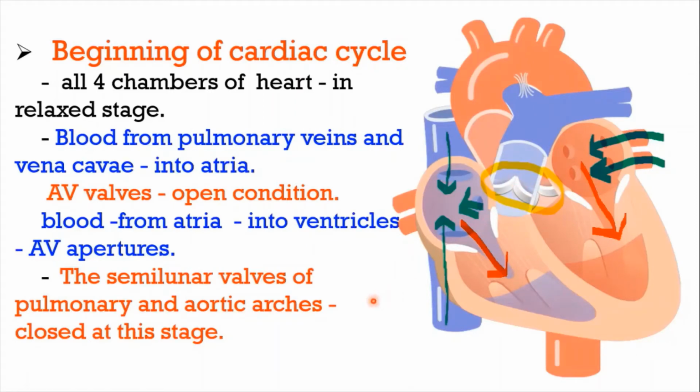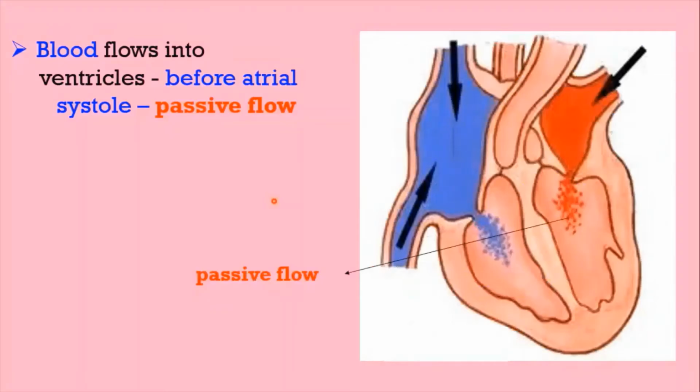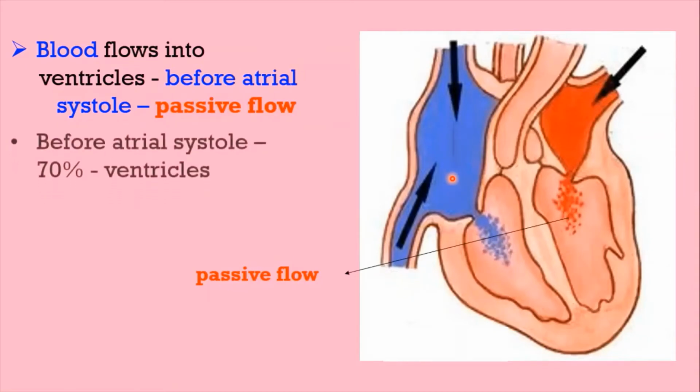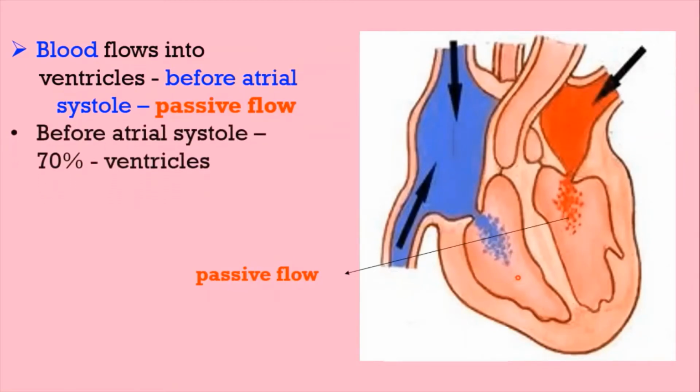The important point you have to observe here is that blood from the atria is flowing directly into the ventricles without any effort. That's why this is known as passive filling of the ventricles. We observe this passive flow of blood into the ventricles before the atrial systole. Before the beginning of atrial systole, we find 70% of the blood in the ventricles.